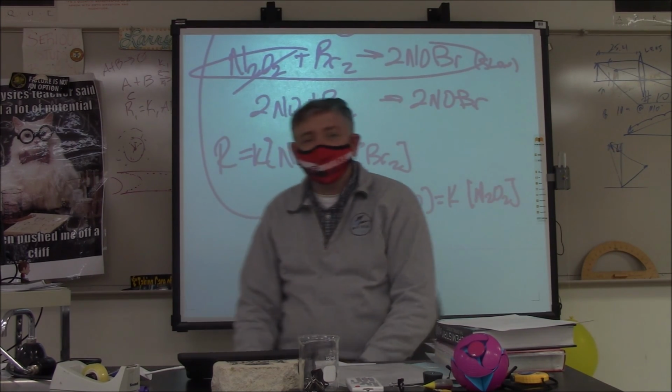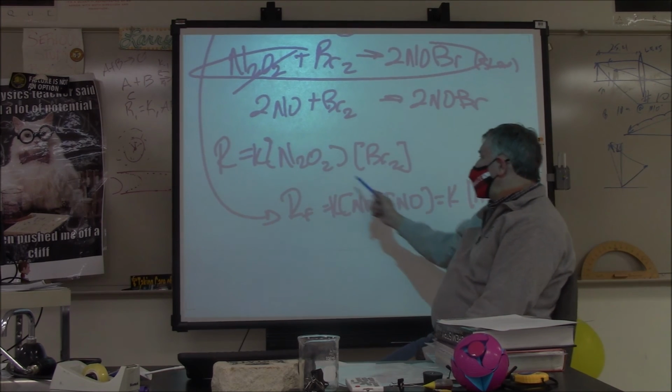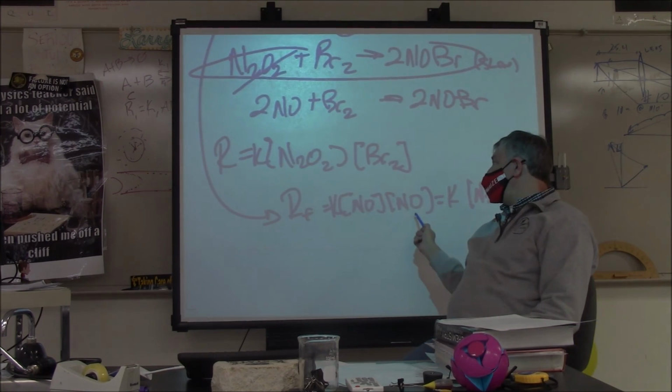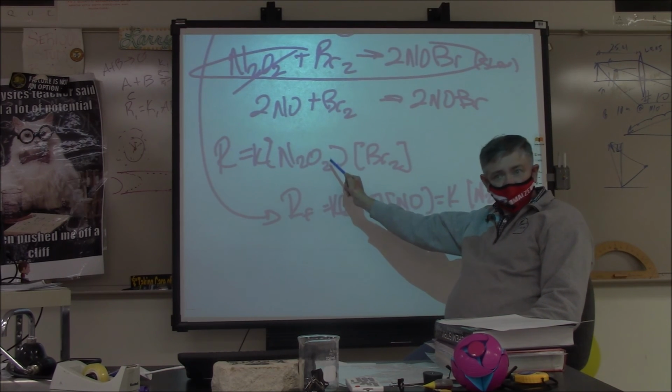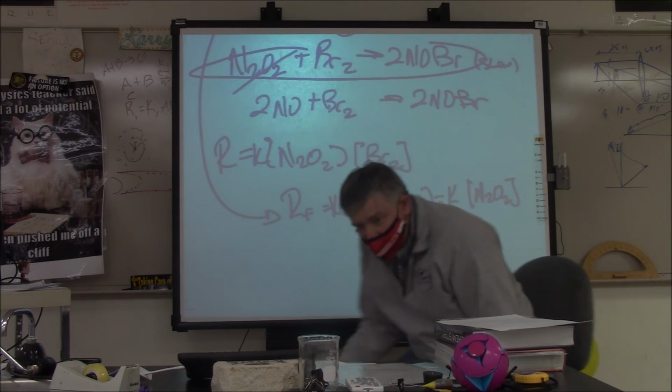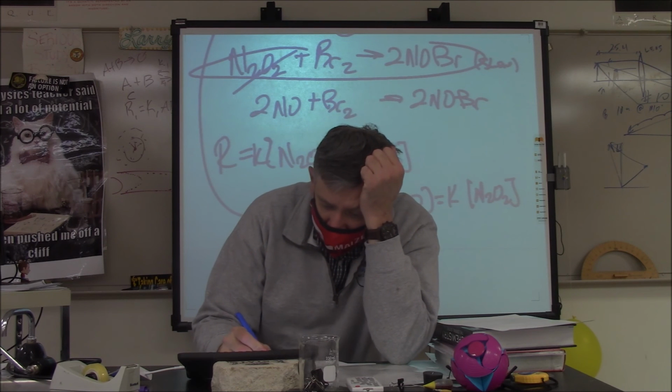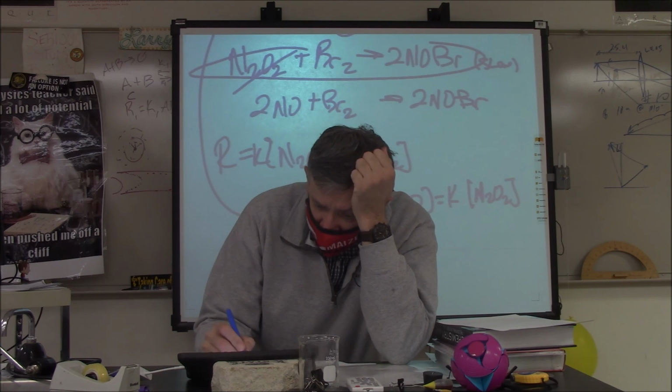So, here's the deal. Now I can sit here and go, oh, instead of N2O2, guess what? I can take this and substitute that in for here. So then I can rewrite it as R equals some K times my NO squared, times Br2.